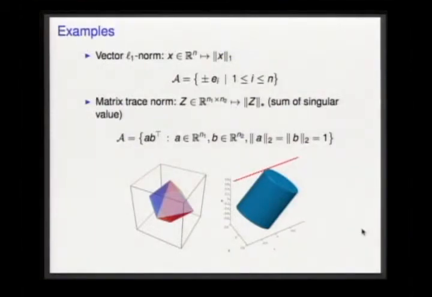And in the same way, if you take the vectors which can be written as A B transpose, with A a unit norm vector in R^N1 and B a unit norm vector in R^N2, and you build the atomic norm associated with this set of atoms, which is centrally symmetric, you get a norm which is the trace norm, or the sum of the singular values of the matrix.